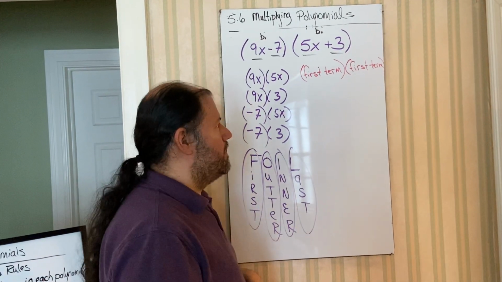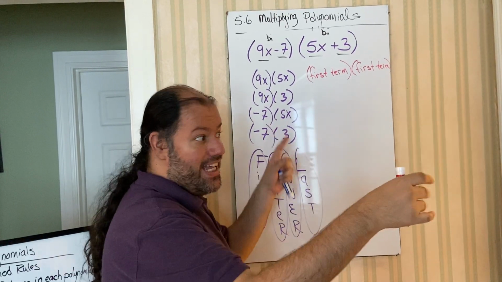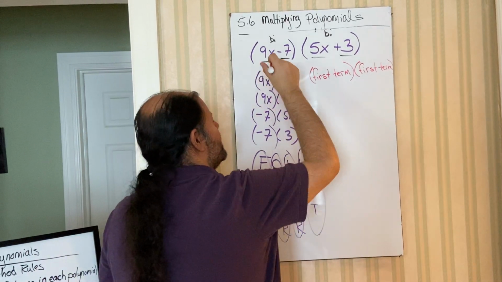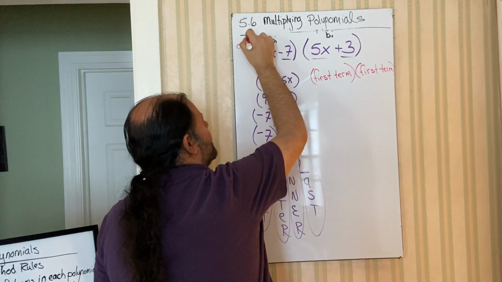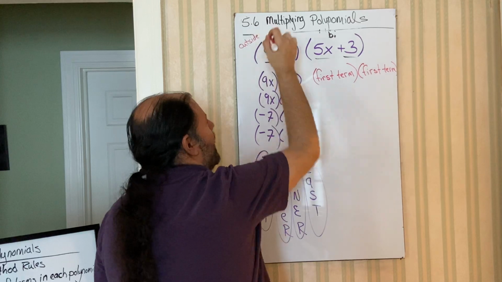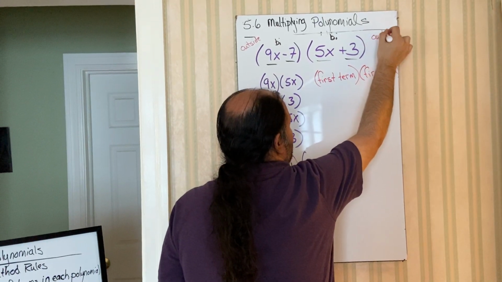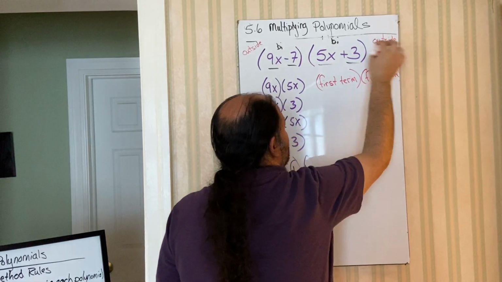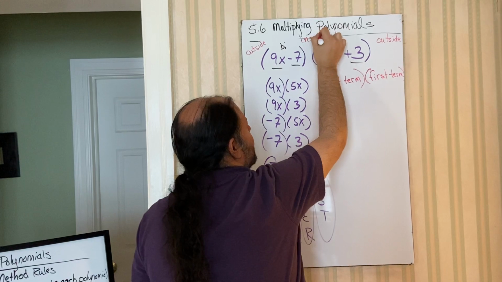Now what does outer mean? They mean the two terms that are closest to the outside edge. You might be saying, what are outside edges? This is outside in the eyes of FOIL. This is outside in the eyes of FOIL. And then this area is the inside area.